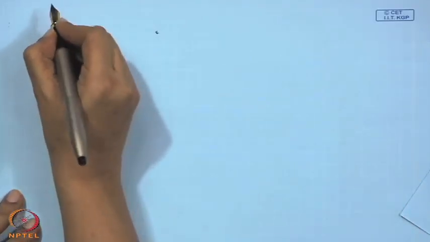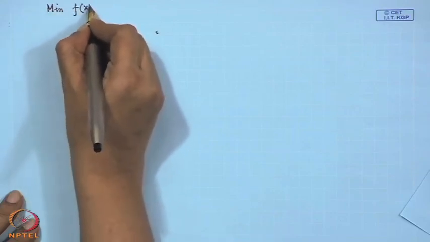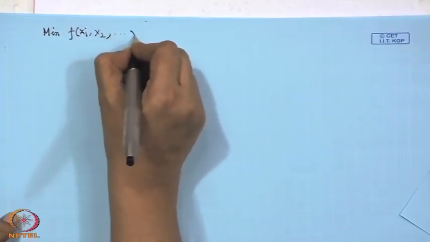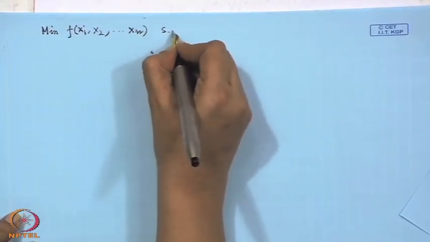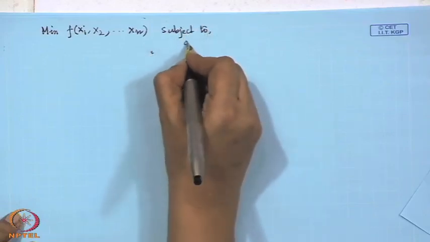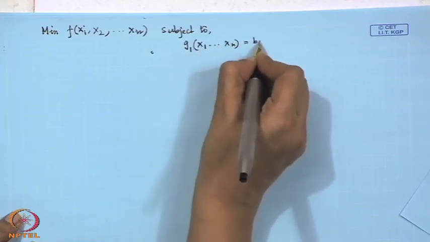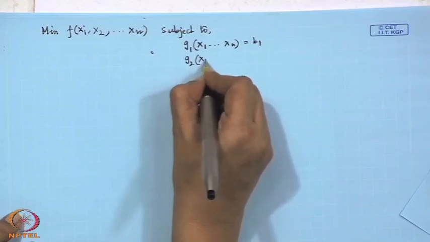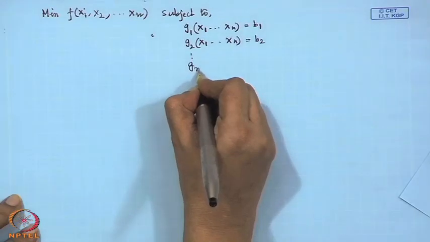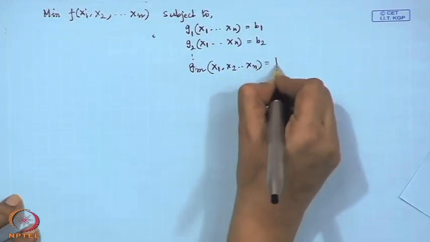As I said, we have considered the minimization of the function f of x1, x2, up to xn, subject to G1 of x1 to xn equal to B1, G2 of x1 to xn equal to B2, and up to Gm of x1 to xn equal to Bm.